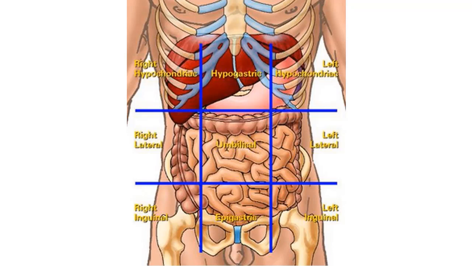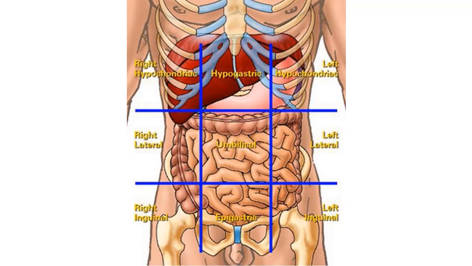Now, if you look at the liver, it is in the right hypochondrium, the epigastric, and reaches the left hypochondrium. The transverse colon in a standing position is usually in the umbilical area.